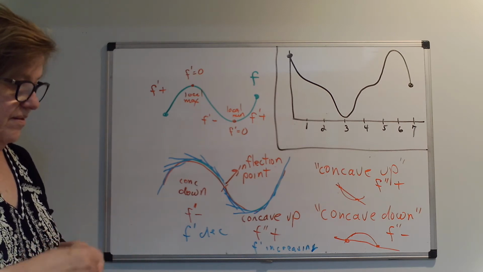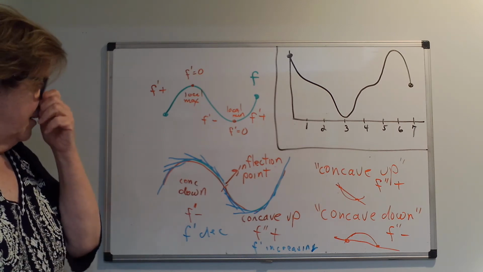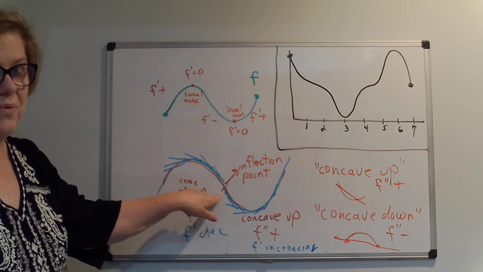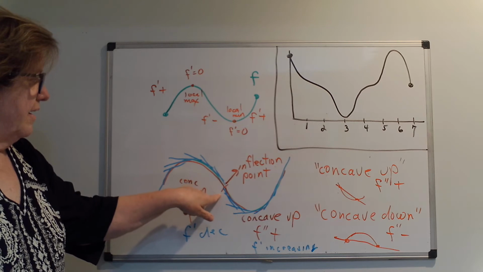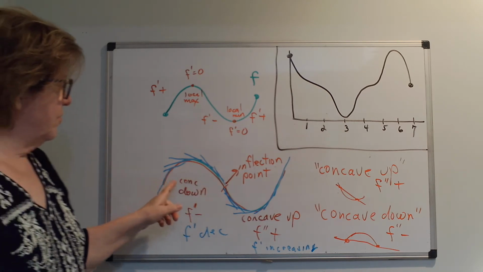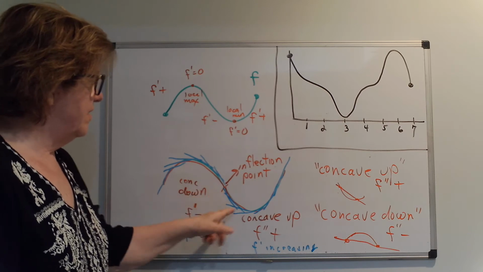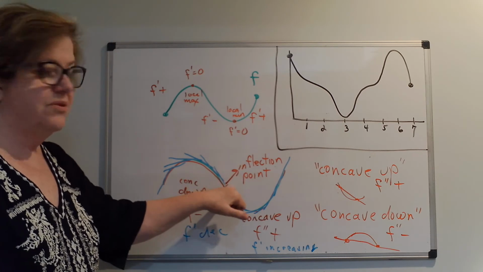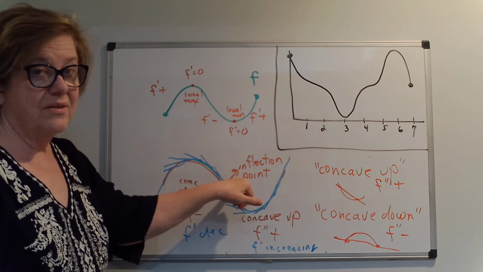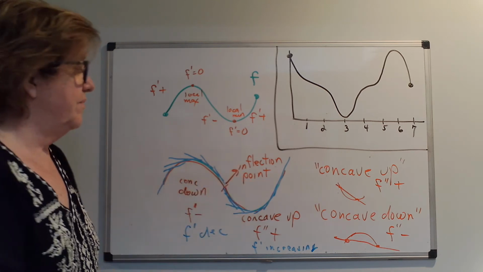So notice too that here at this inflection point, we're going from concave down to concave up. Inflection point is where the concavity changes. That's going to be where the second derivative is 0.